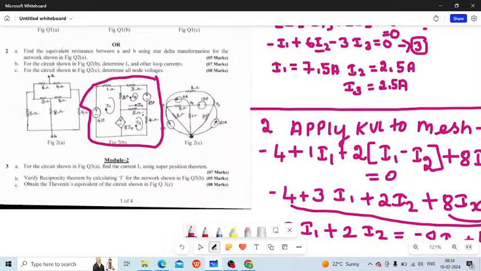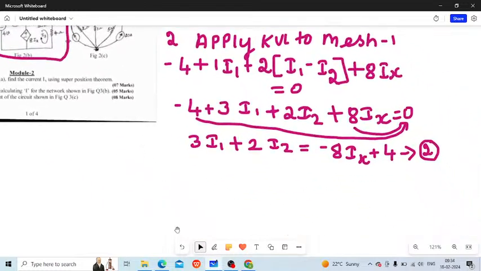So therefore you need to write Ix is equal to I3 minus I2. I hope you got my point. Ix is equal to I3 minus I2.